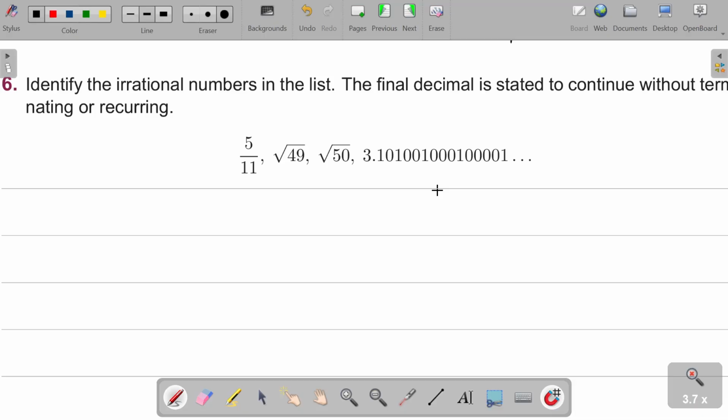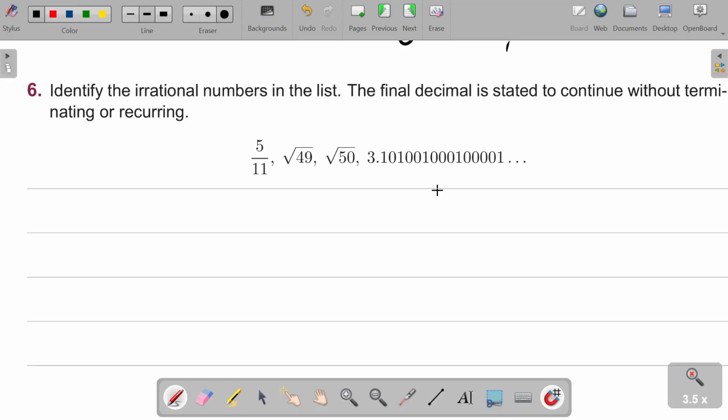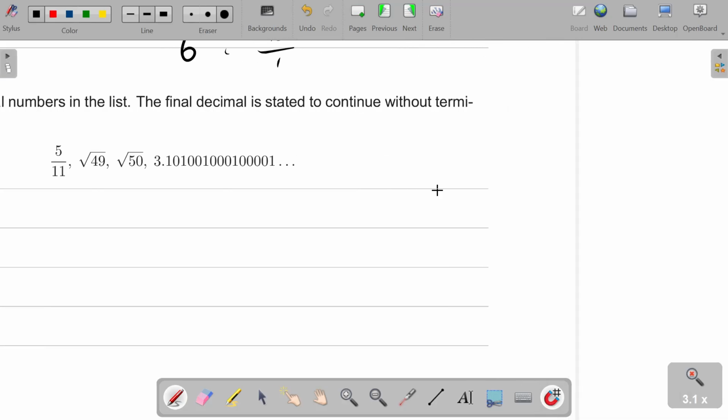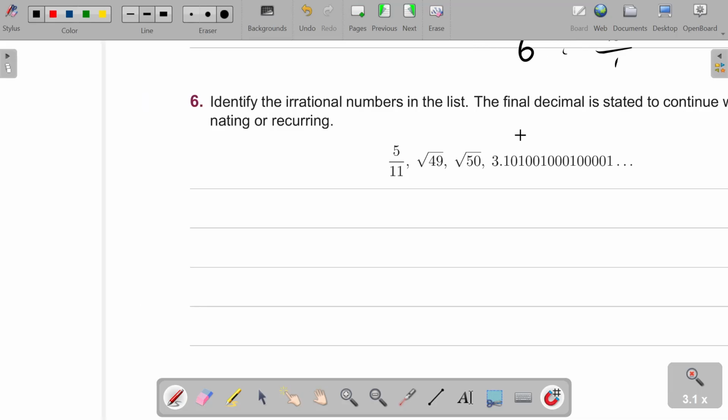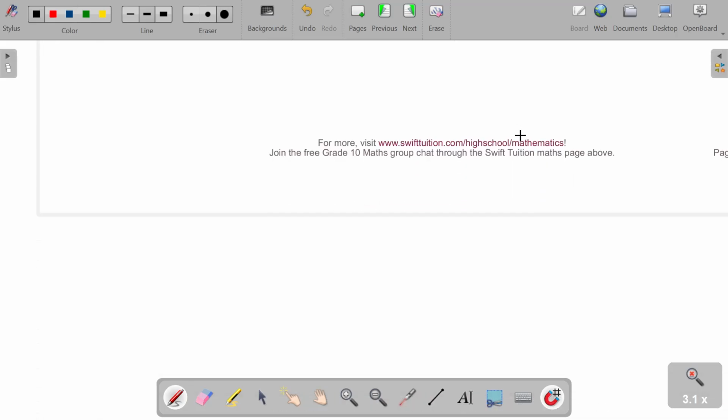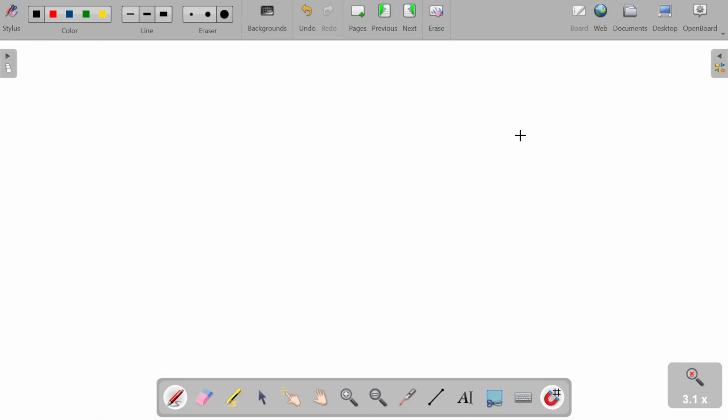It is 10, 100, 1000, 10000, and it keeps on going like that. Because there's no clear repetition, that is also going to be an irrational number because it is stated to be non-terminating and non-recurring. You can see it says the final decimal is stated to continue, it does not end, and it does not recur. Okay, so that's basically going to be that.